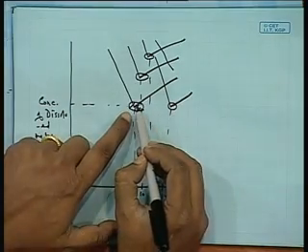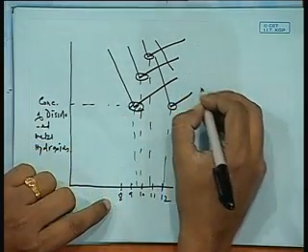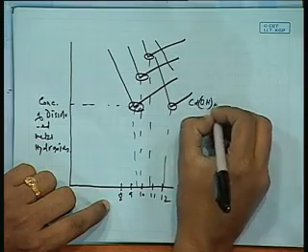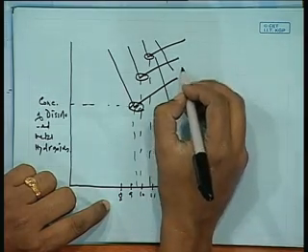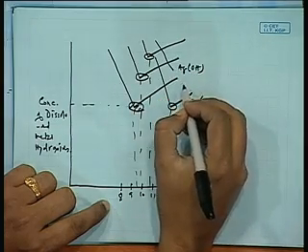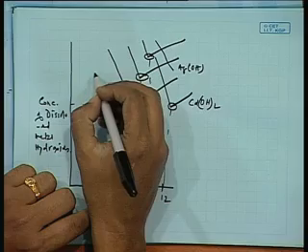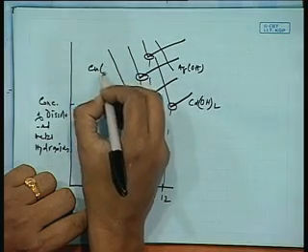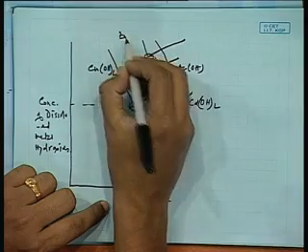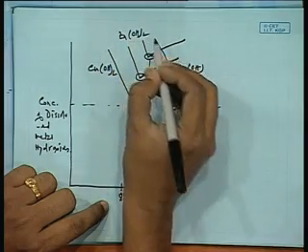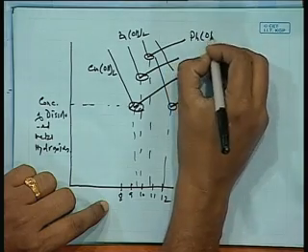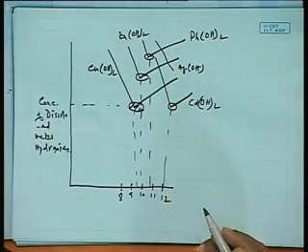You can selectively precipitate, say, this one is for Cd(OH)2, this is for AgOH, this is for Cu(OH)2, this is for Zn(OH)2, like this. Right?